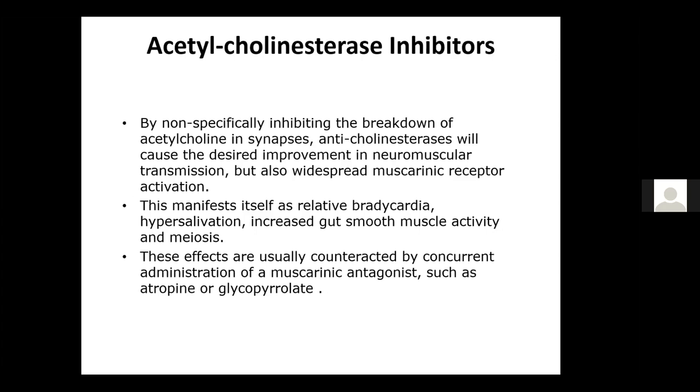So what these ones do, they inhibit the acetylcholinesterase enzyme. So acetylcholine is not broken down on the postsynaptic acetylcholine receptor. So it accumulates and causes exaggerated parasympathetic response.